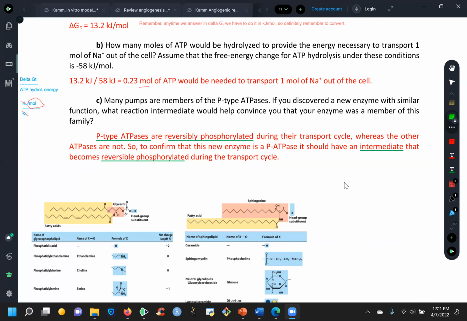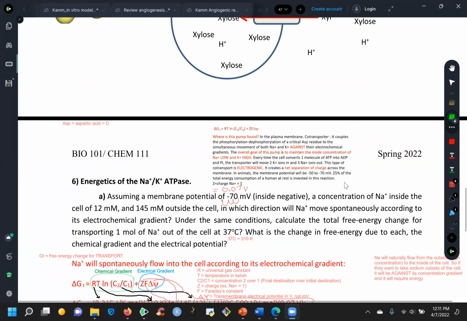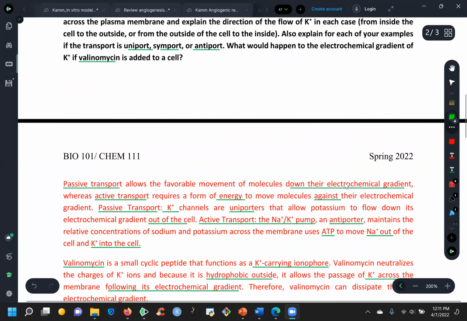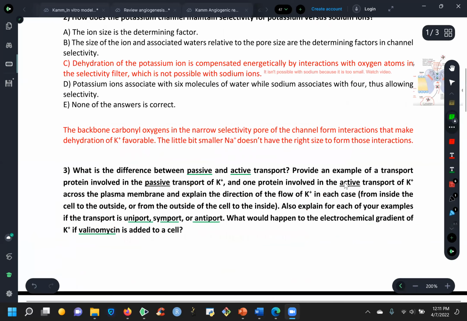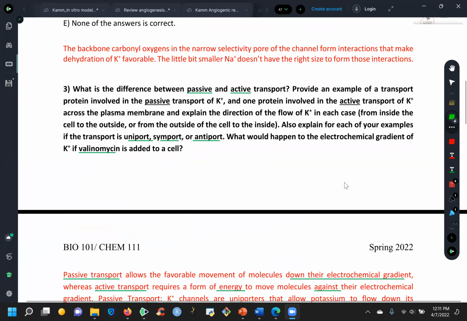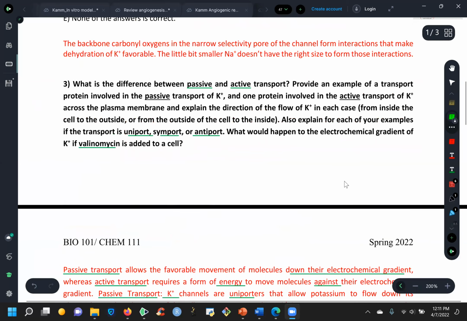Okay, I think we covered the whole worksheet, actually. Which one? Oh, number 3. What is the difference between passive and active transport? Provide an example of a transport protein involved in the passive transport of potassium and one protein involved in the active transport of potassium.